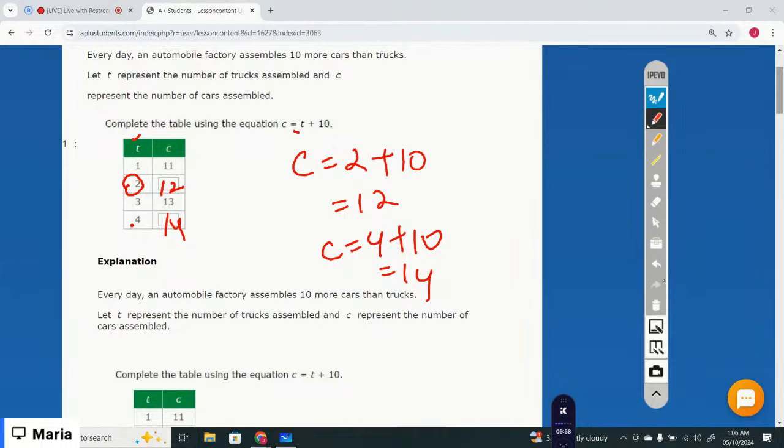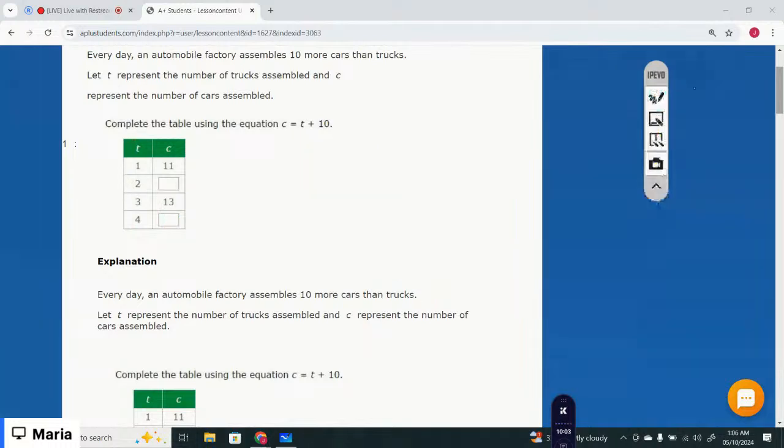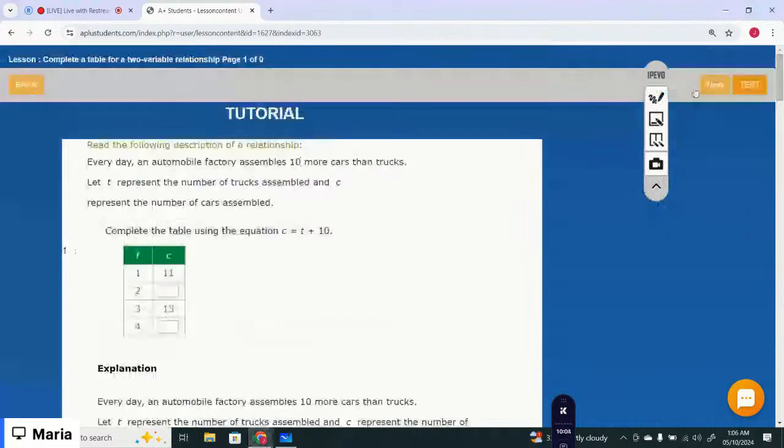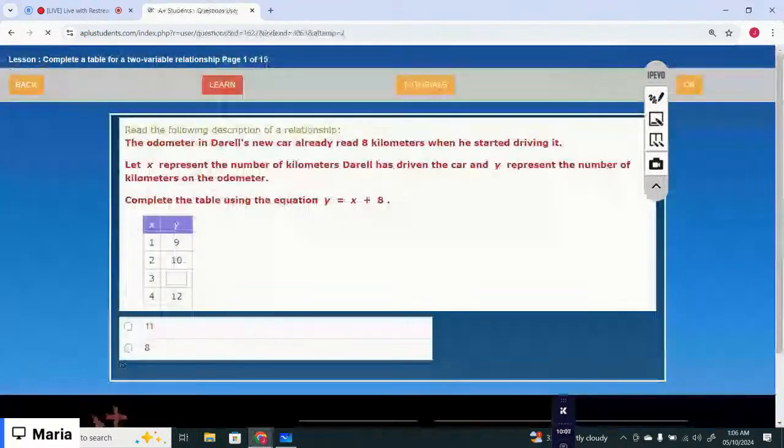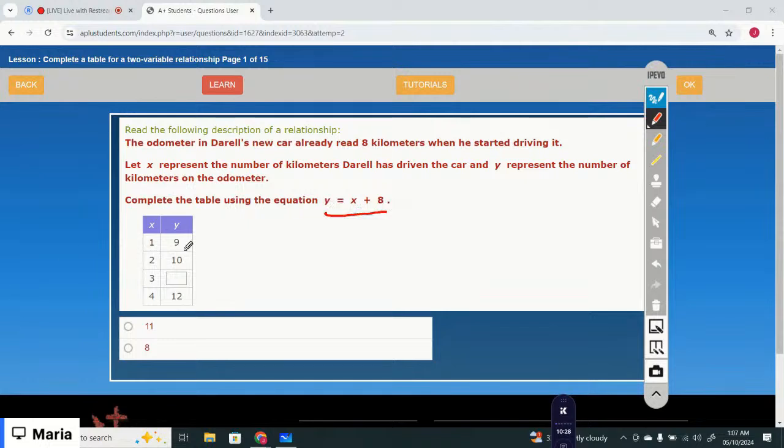Okay, let's start with the test questions. The odometer in Daryl's new car already read 8 kilometers when he started driving it. Let X represent the number of kilometers Daryl has driven the car and Y represent the number of kilometers on the odometer. Complete the table using the equation Y equals X plus 8.